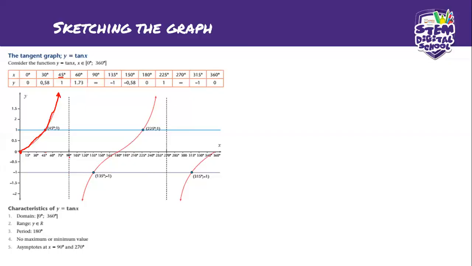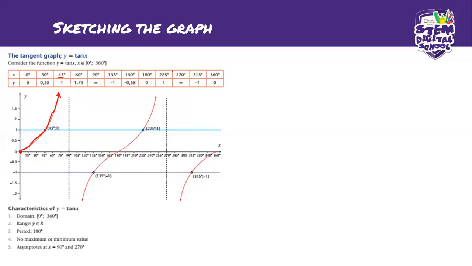Remember, an asymptote is a line that the graph will never touch. You can see this graph approaches this line, but never passes or touches it, because the graph is not defined at this point or on this line.